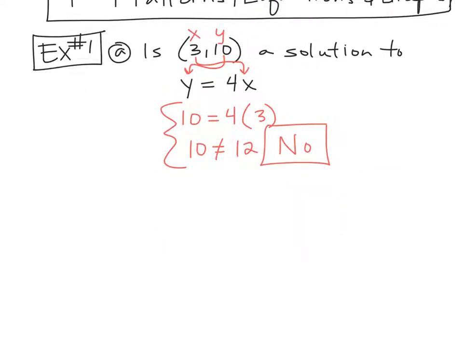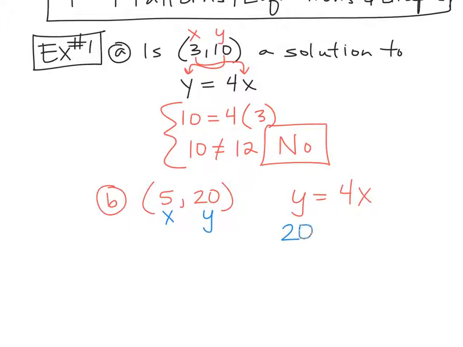All right. How about this one? Still the same equation, but we're going to use the point (5, 20). So y equals 4x. Is the 5 my x value or my y value? X. 5 is x, 20 is y. So if I plug that in, what is my new equation with numbers instead? 20 equals 4 times 5.